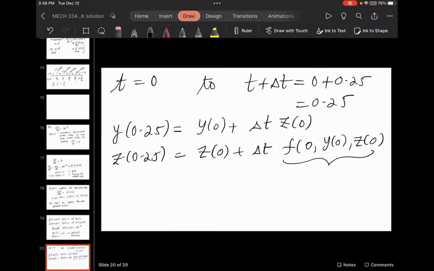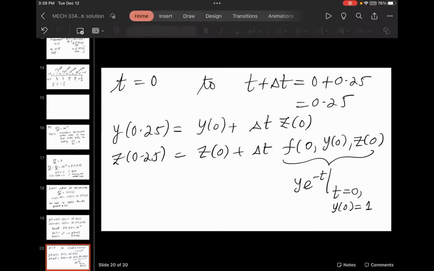This is nothing but, what is y at 0? This is like asking y e power minus t evaluated at time 0 and y equal to 1. y of 0 equal to 1.